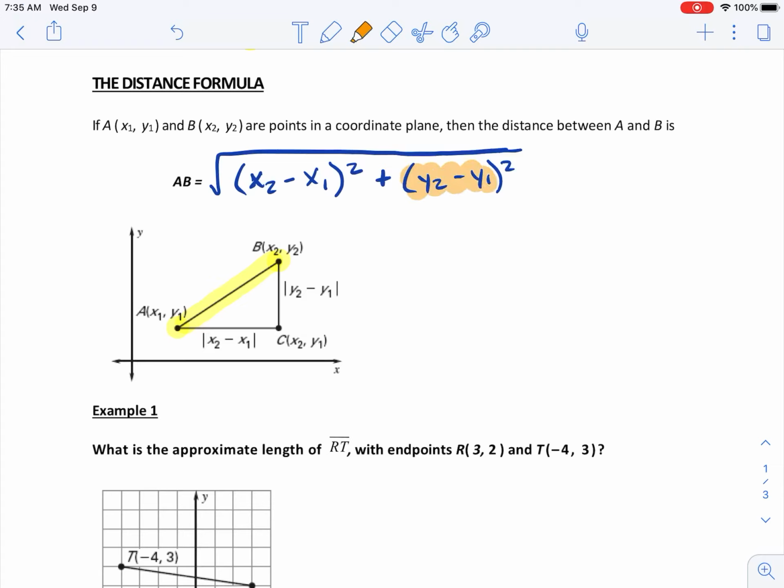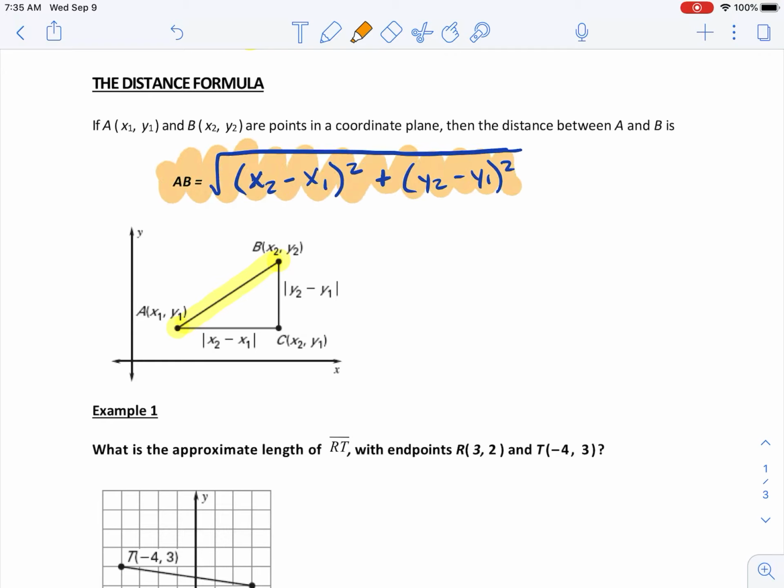And that is actually it. That is the vertical distance between the two. So that is the distance formula. We are squaring the horizontal distance and the vertical distance between the 2 points, and then square rooting the whole thing, which again comes from the Pythagorean theorem.